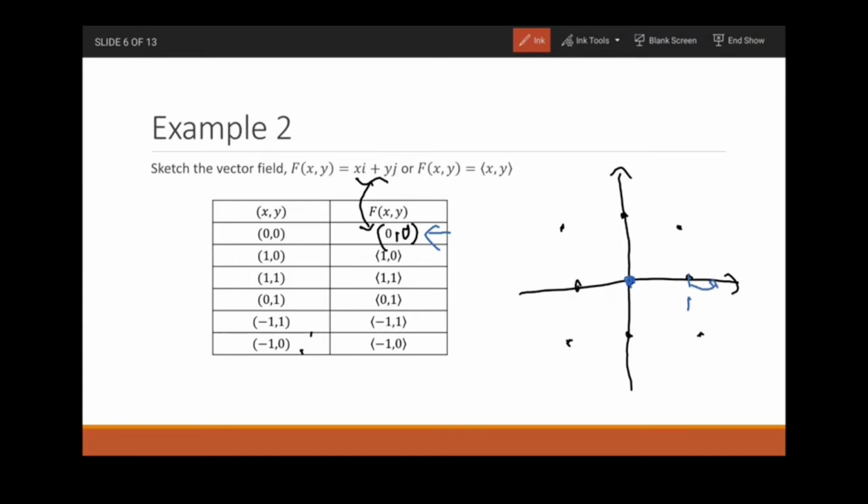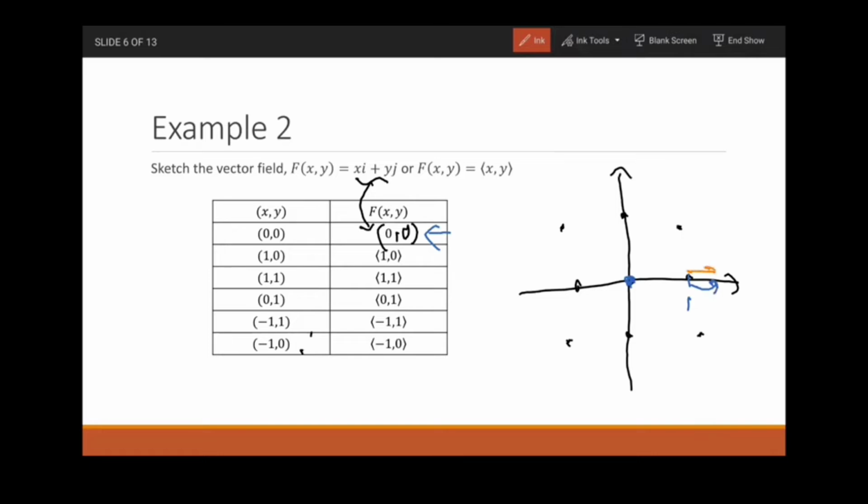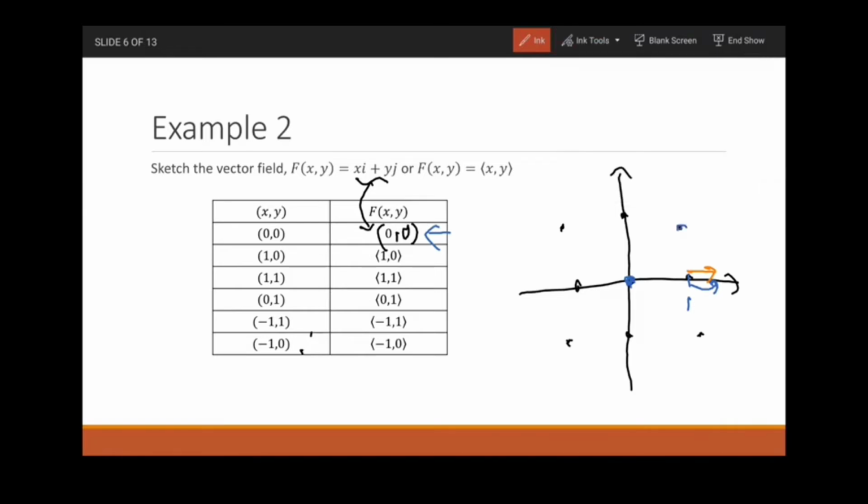So you go one step to the right, and there is no step above or below. So this is the direction of the vector, the orange arrow. Then I do the point 1, 1: one step to the right and one step above, and that is the direction of the vector. Then we repeat again for another point, for example 0, 1.